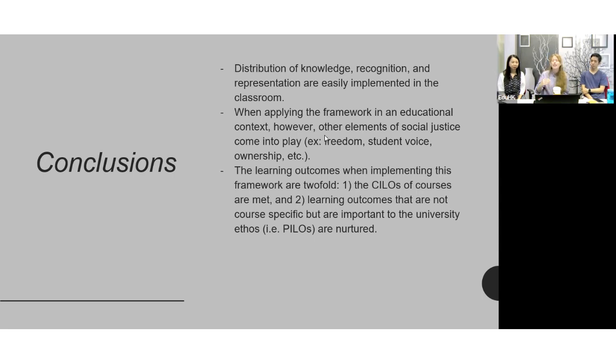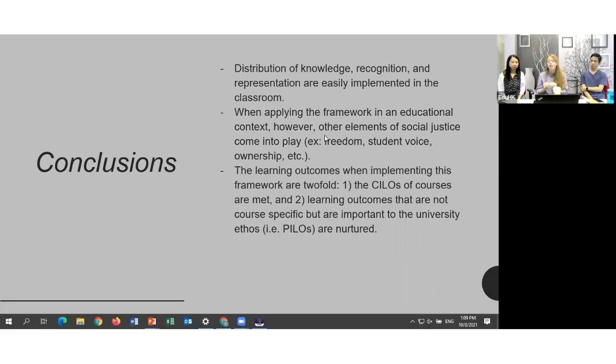However, applying that framework to an educational context does include a lot of other elements within the social justice framework. So when you're talking about student voice, student ownership, freedom, all of these things play a part in making up this social justice framework.